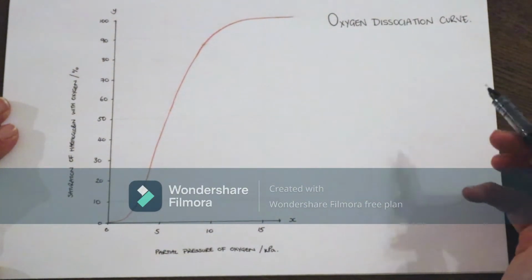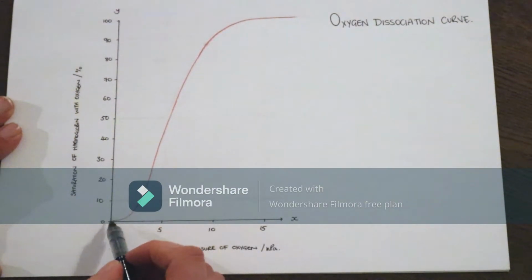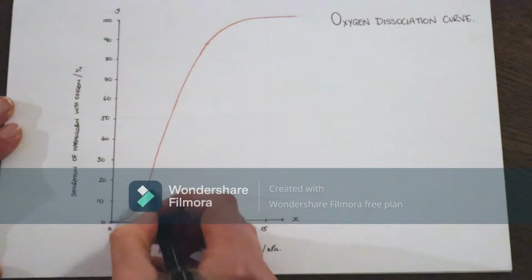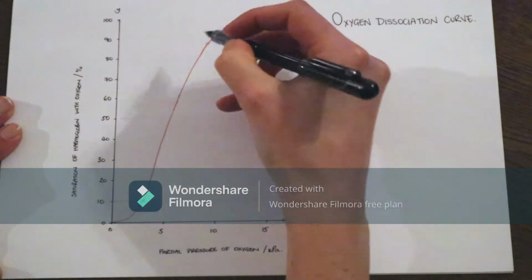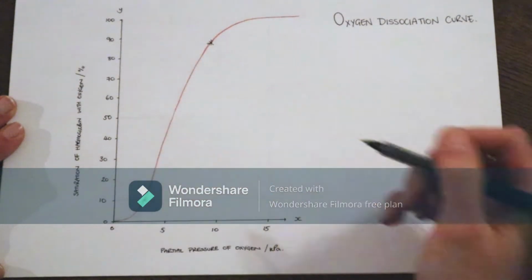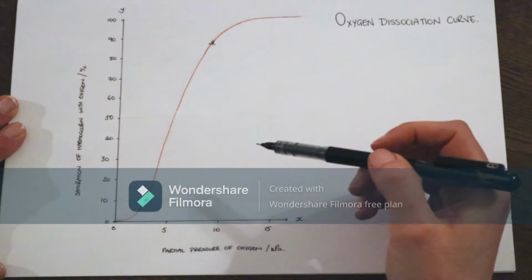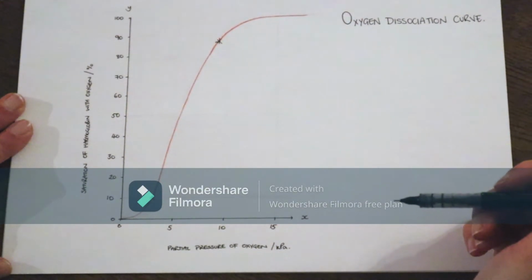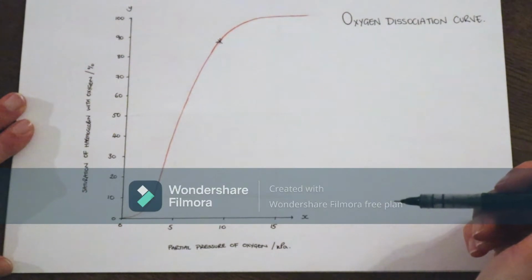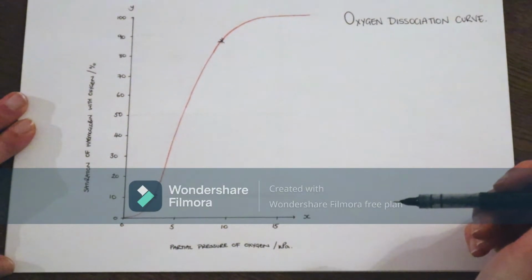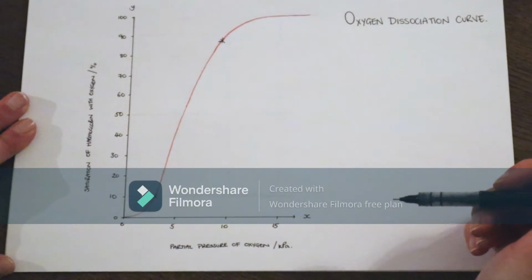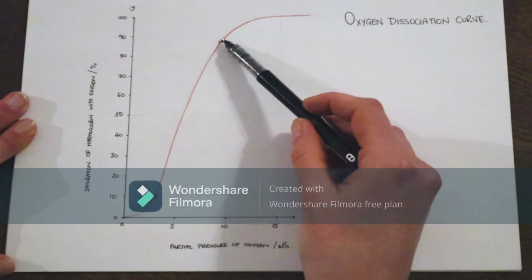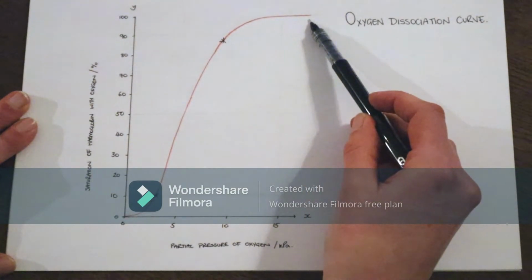And this can be seen on the graph here. So molecule 1 starts to bind, and then the exponential rise is molecules 2 and 3 binding. However, after 3 molecules have associated, the haemoglobin structure has become distorted so much that it's difficult for the 4th oxygen molecule to associate. And this is why we see a plateau on the graph.